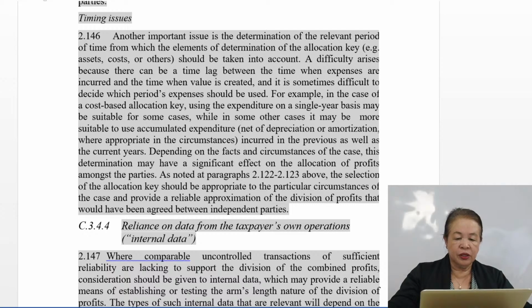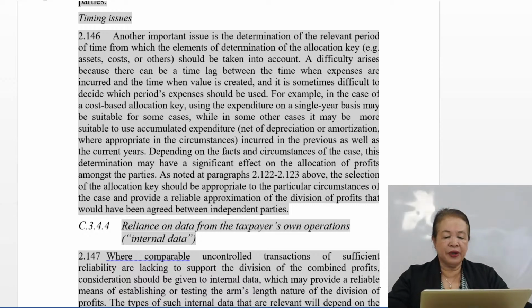So for example, in the case of a cost-based allocation K, using the expenditure on a single year basis may be suitable for some cases, while in some other cases, it may be more suitable to use accumulated expenditure, net of depreciation or amortization, where appropriate in the circumstances, incurred in the previous as well as the current years.